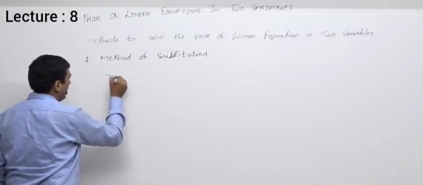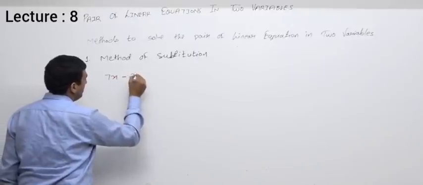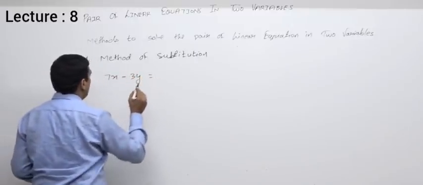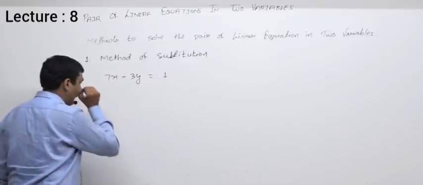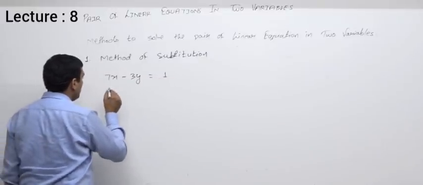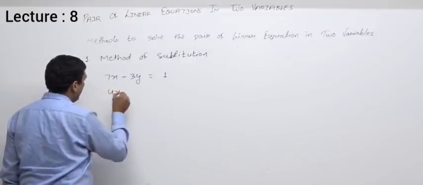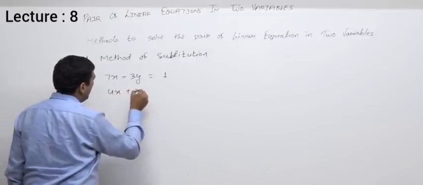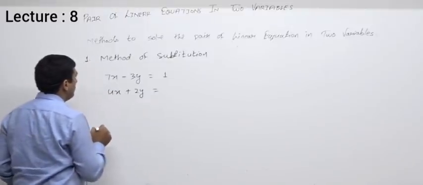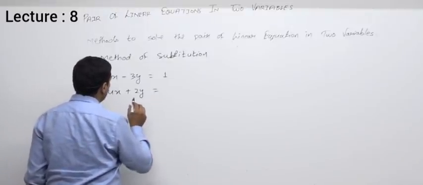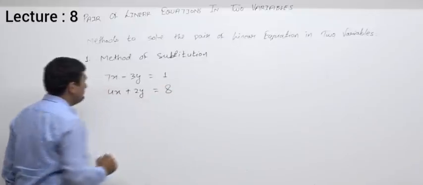Let 7x minus 3y equal 1 and 4x plus 2y is equal to 8.